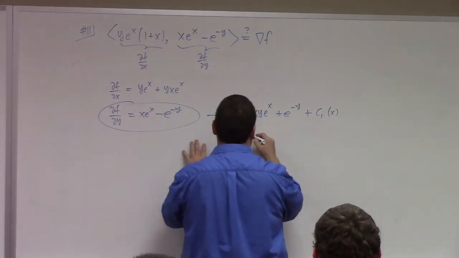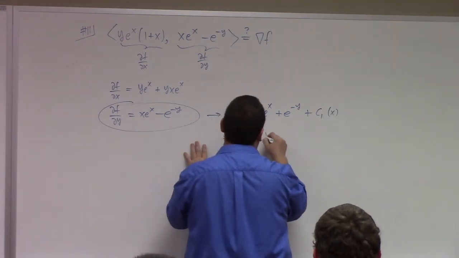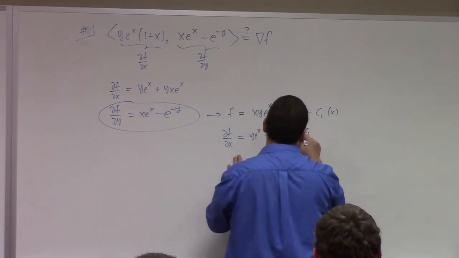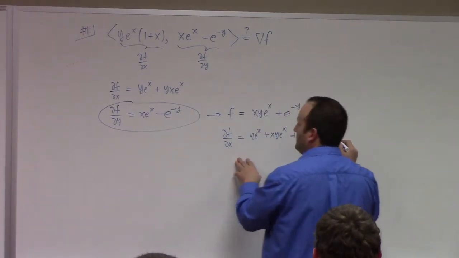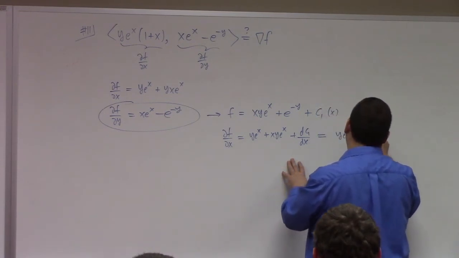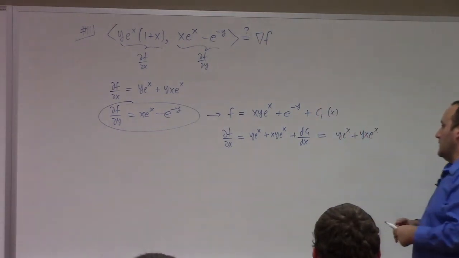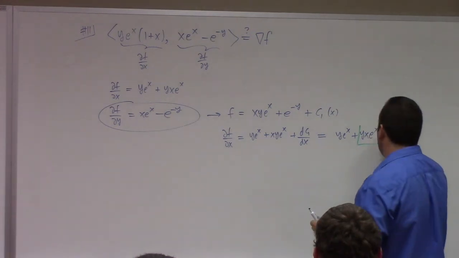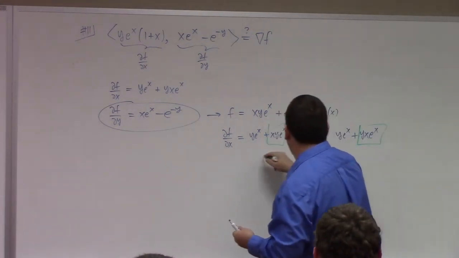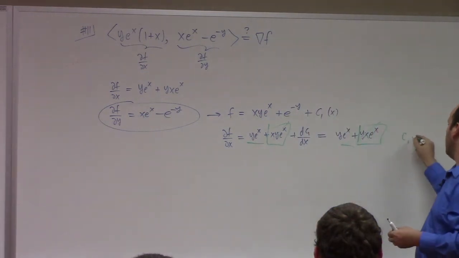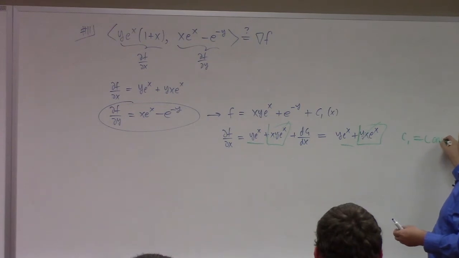When I do that, I get y e to the x plus x y e to the x plus dc1 dx equals, apparently, y e to the x plus y x e to the x. See, something wonderful has happened. We never had to integrate by parts. These cancel. We get c1 is equal to a constant.